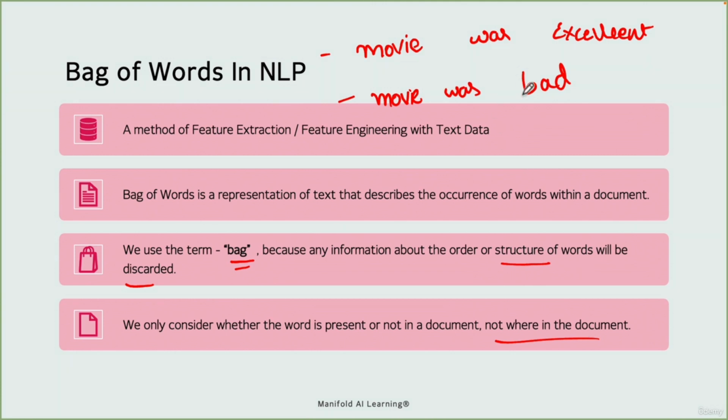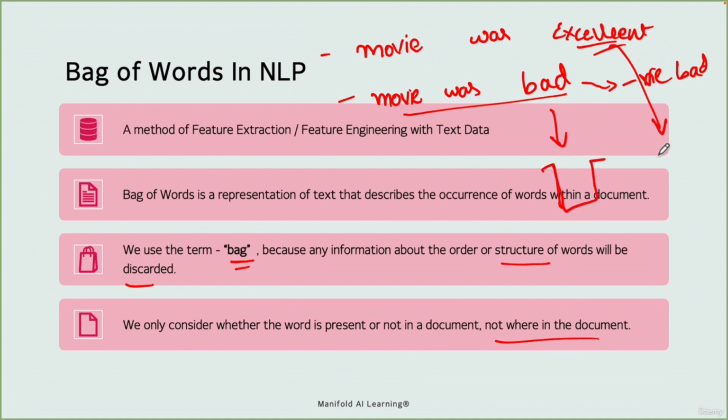Movie was bad is obviously a negative sentiment. So if I have the word bad, it will be in one bag, and if I have the word excellent, it will be in a separate bag. I'm going to consider whether words are present or not, without worrying about the overall way in which those words are being used. That's the overall intuition behind this bag of words technique.